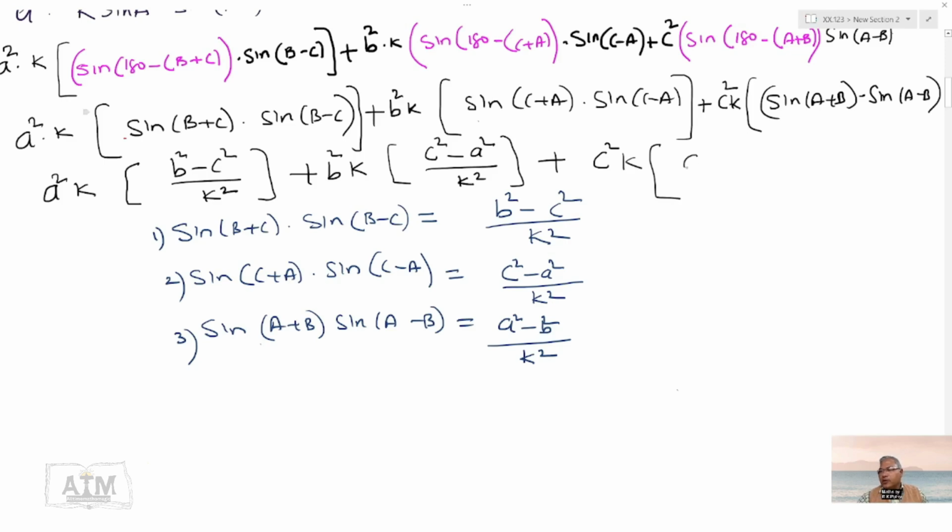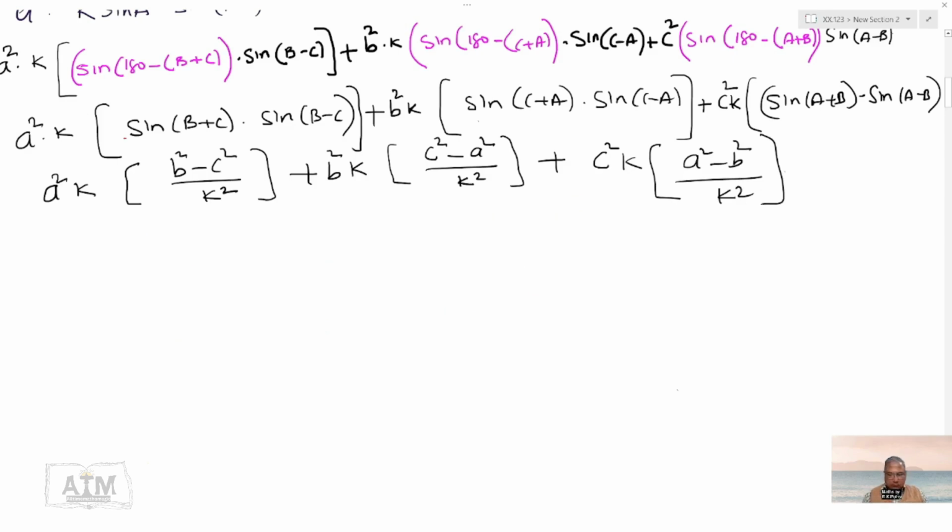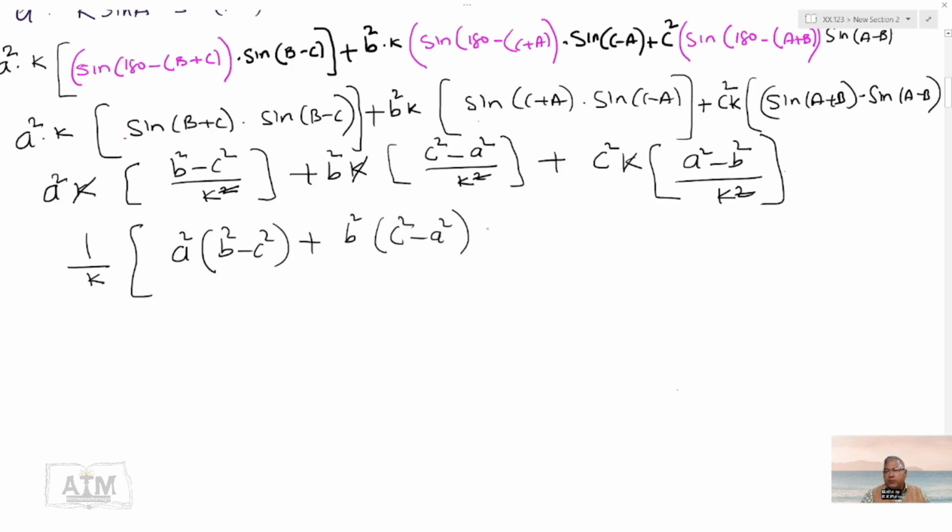Then here it becomes a square minus b square upon k square. This k cancelled. What is left? 1 upon k, and a square into b square minus c square plus b square into c square minus a square plus c square into a square minus b square.